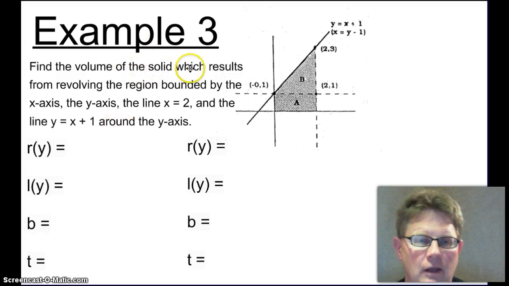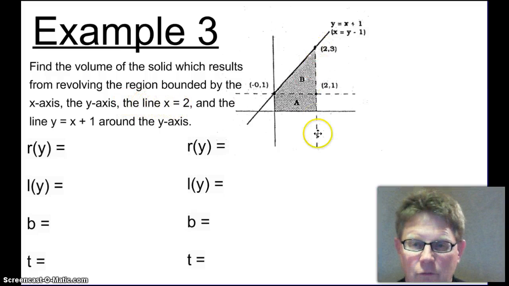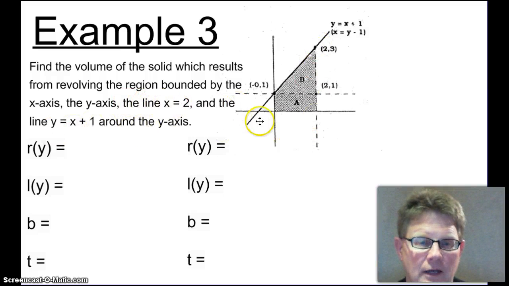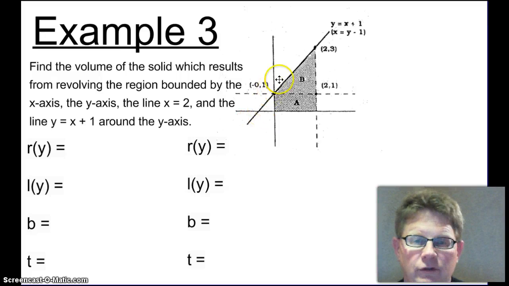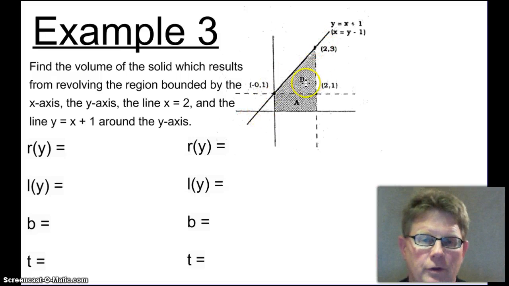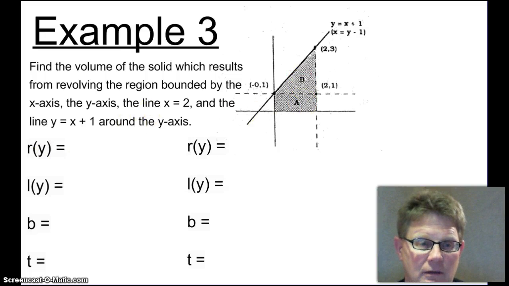Find the volume of the solid which results from revolving the region bounded by the x-axis, the y-axis, the line x equals 2, and the line y equals x plus 1. So there are two regions formed. We're going to try to set up the boundaries and everything for the first region, B, and then for the second region, A. Alright.